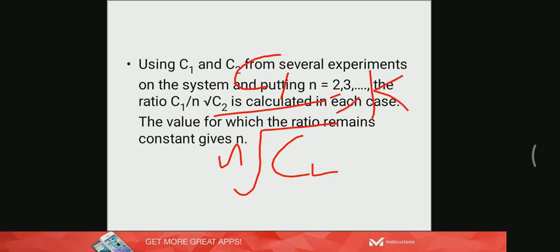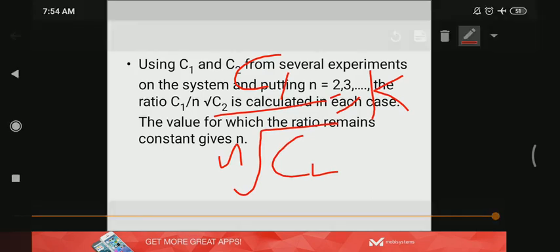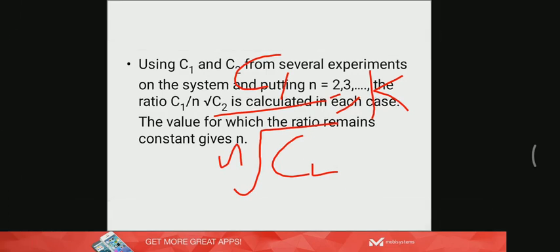So from the set of values of C1 and C2 obtained from experiments, first you put n equal to 2, and then you find C1 by the square root of C2. Then you put n equal to 3 in this equation and substitute various sets of C1 and C2 values, and you continue this.